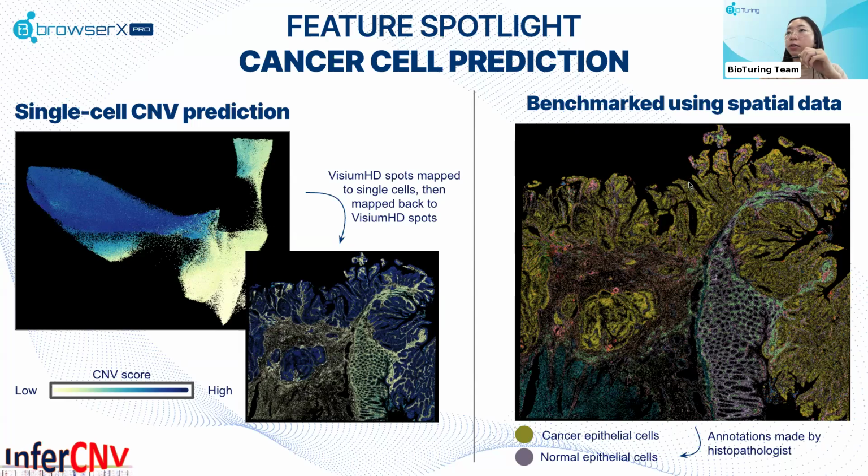You can see that denoted by the yellow cells here. Now when we compare these two images of the tissue side by side, you can see that the predicted cancer cells match quite well with what the histopathologists have annotated as cancer cells.